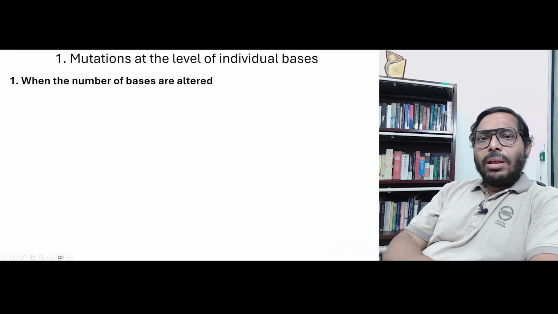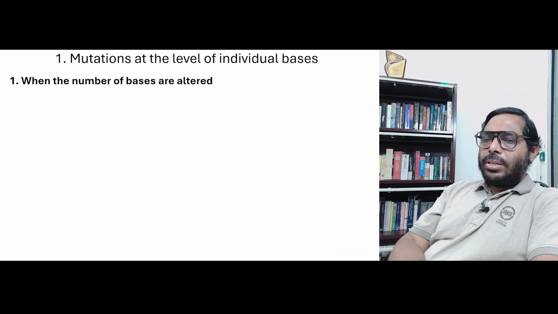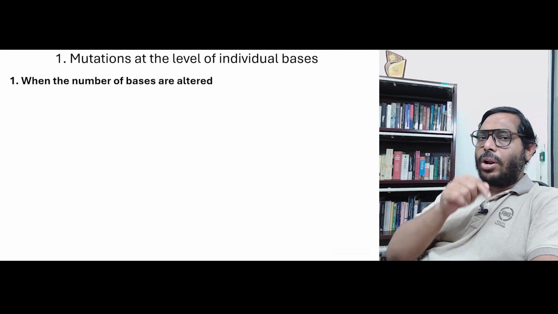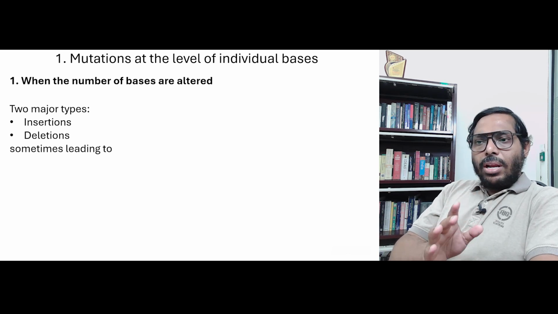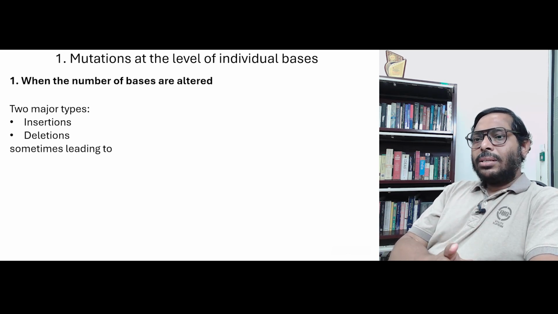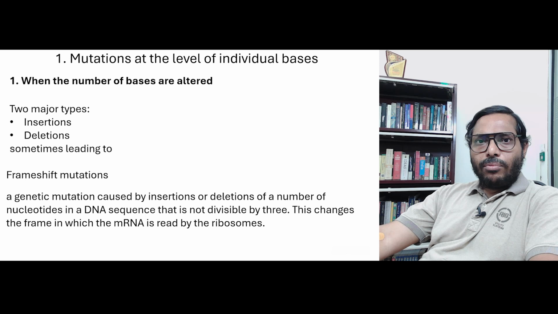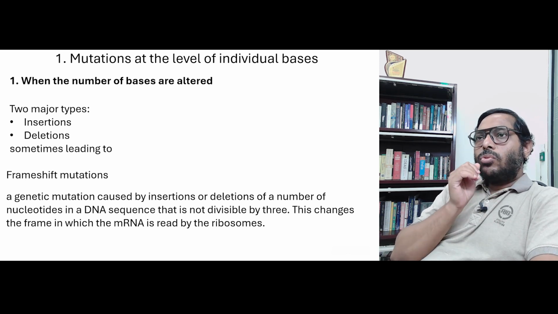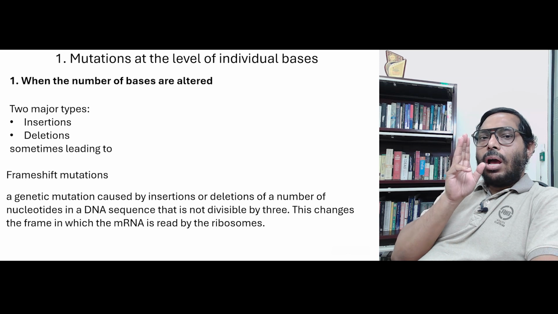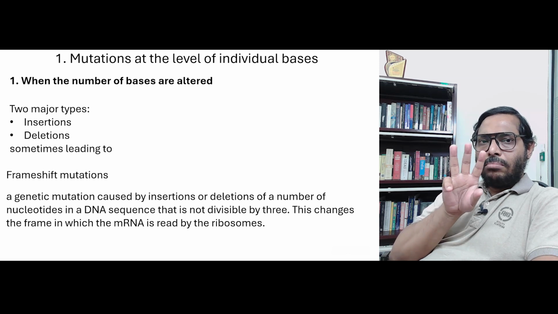What happens when the number of bases is altered? How does this happen? This will happen if you have an insertion or a deletion, indel as we call them. And when an insertion or deletion happens, sometimes but not always, you have what is known as a frame shift mutation. What is a frame shift mutation? So, you know that our codons are in triplets, right.